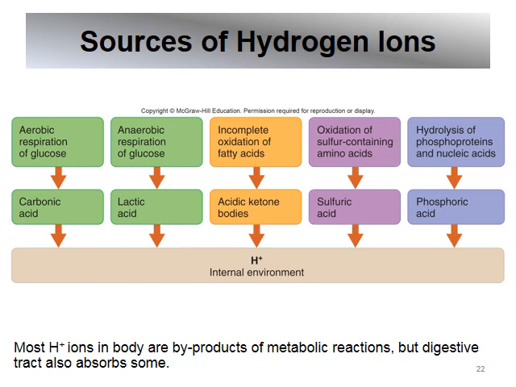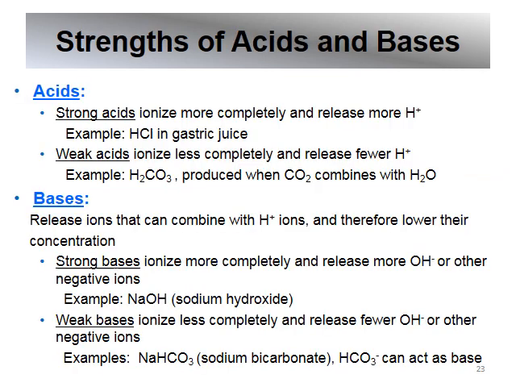Sources of hydrogen ions, we're not going to worry about. Just remember that hydrogen is an acid, so the presence of it is going to change your acid-base levels. So, acids. A strong acid is a molecule that is going to ionize more fully or completely in the presence of water.